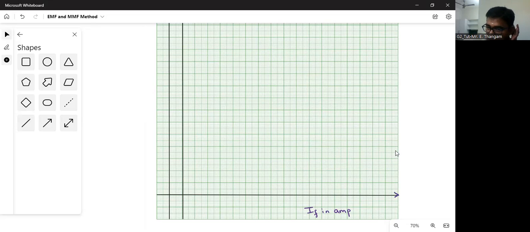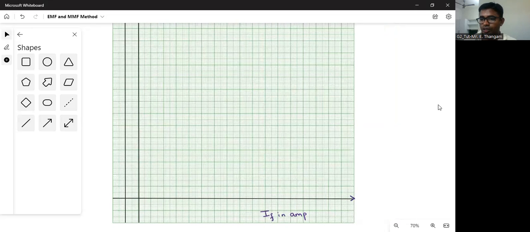Okay, so what is our test data? Let me write it on the left hand side. For your field current IF and VOC, it is the given data value. I'm writing it here for 10 amps, 20 amps, 30 amps, 40 amps, 50 amps.